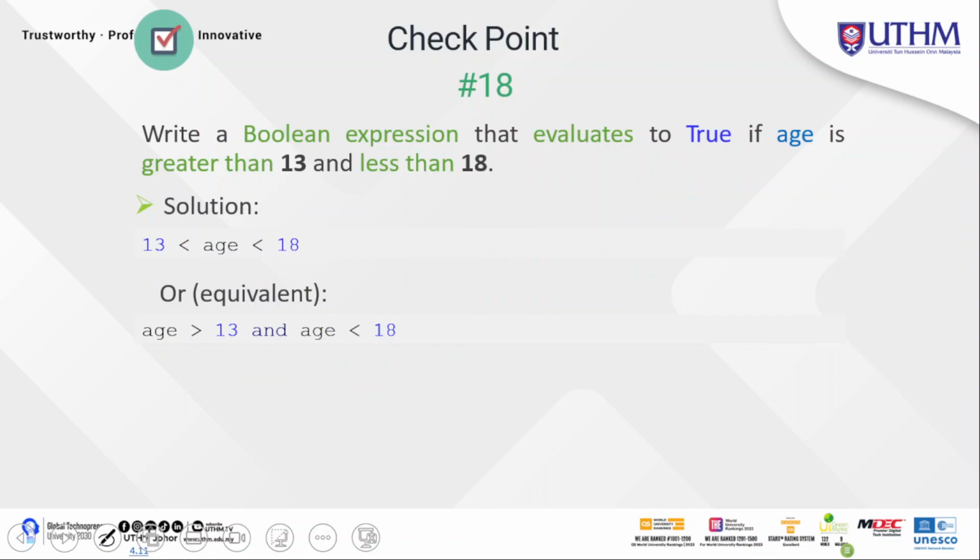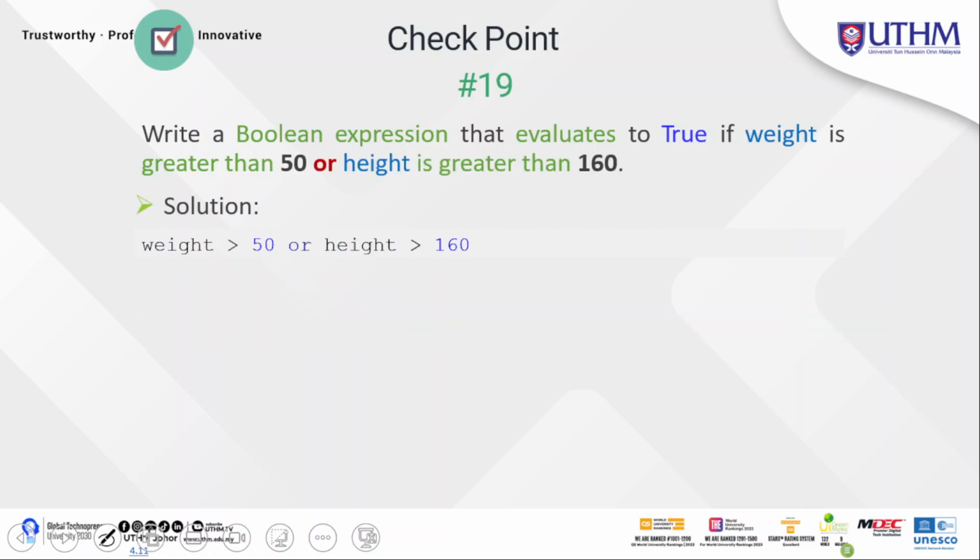Boolean expression for true if the age is greater than 13 or less than 18. You can write the first method or second method, both are the same. Write a Boolean expression true if the weight is greater than 50 or height is greater than 160.